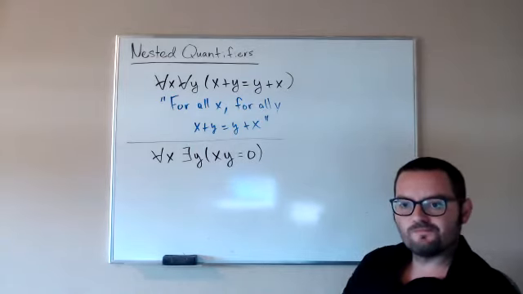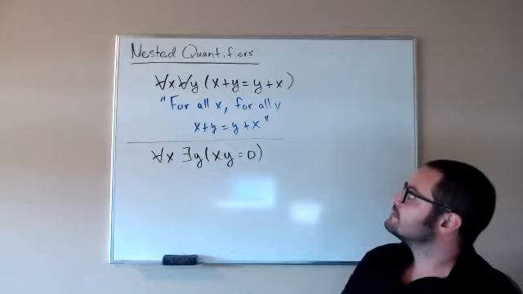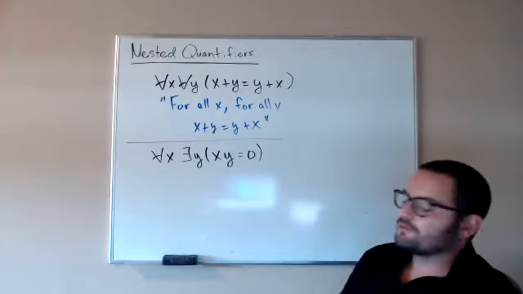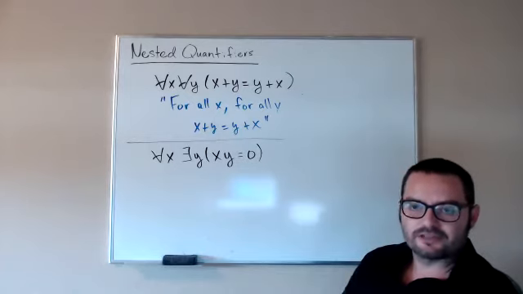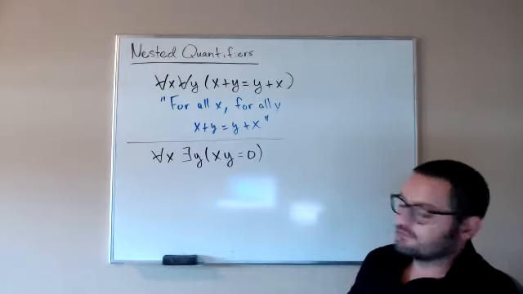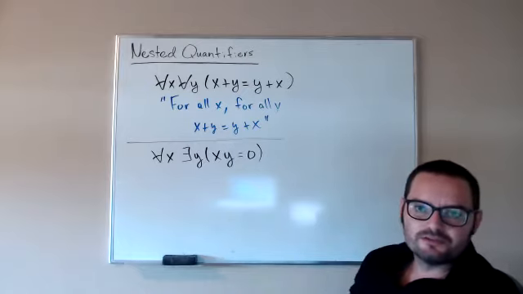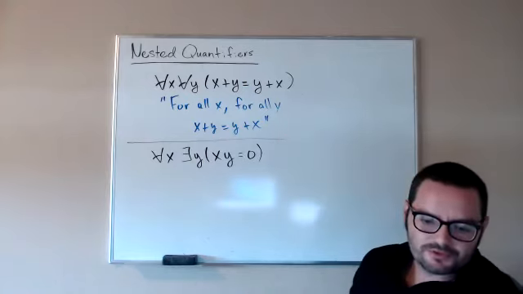For all x, there exists a y such that x times y equals 0. So if we're dealing with real numbers, this is true, right? For real numbers, these are both true statements.